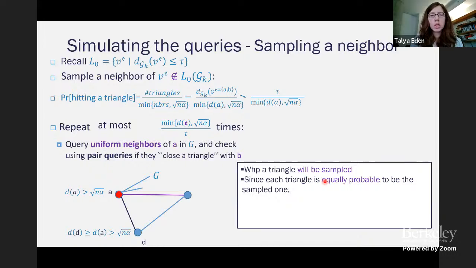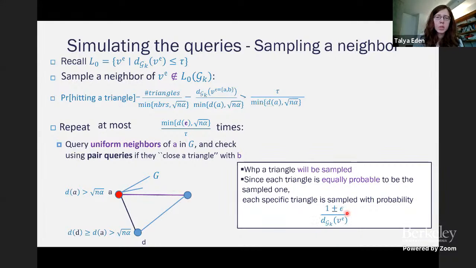And also, since each triangle is equally probable to be the sampled one, each specific triangle will be sampled with probability 1 over the number of triangles, right? Because we just did uniform neighbors and then checked for a triangle, no one particular triangle gets more weight than another. They're all equally likely to be returned. So each one is returned with probability 1 over the number of triangles.